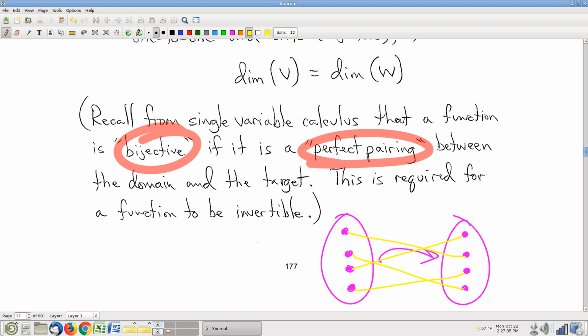Well, the target and the image have to pair up. They're not necessarily exactly the same, but they are going to necessarily have a lot in common because of the way that all the elements pair up. Yes? Is one-to-one another word for the same thing? Tragically, the word one-to-one only means half of this. One-to-one means that for every output, there is at most one corresponding input, which is one of my least favorite choices of words in math.